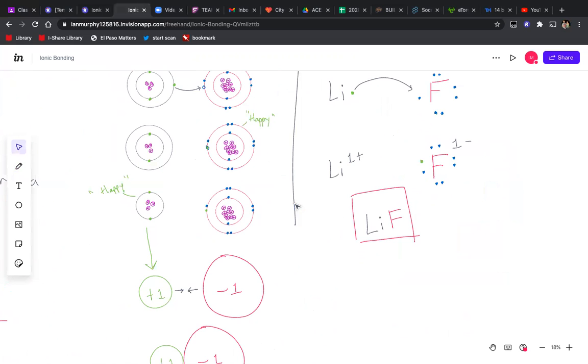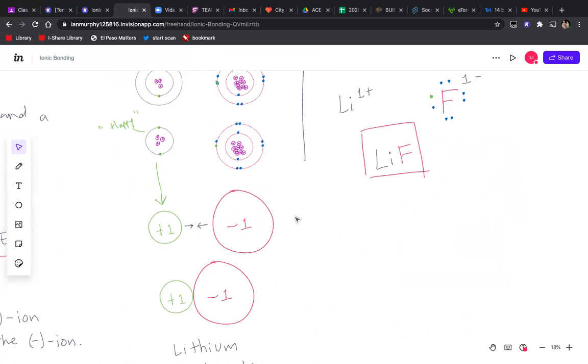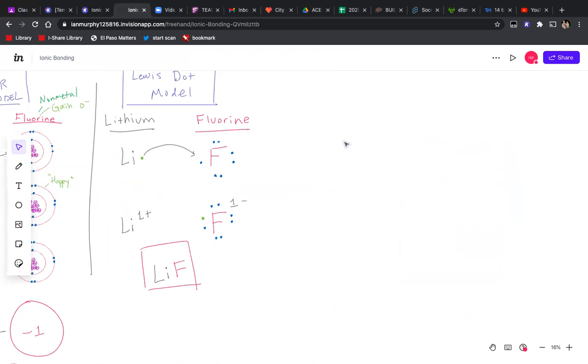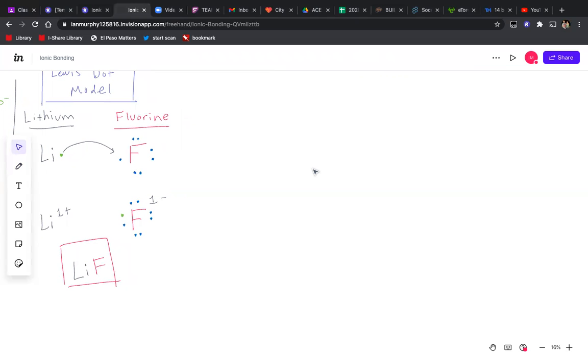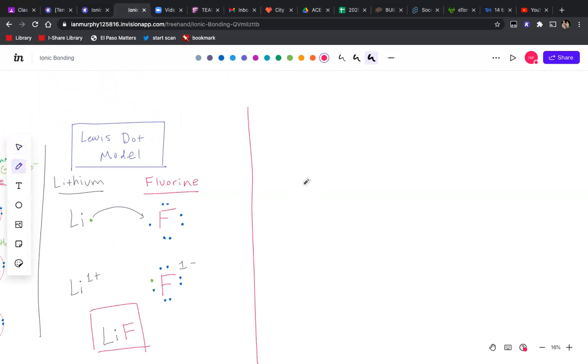Now, this next part I didn't actually include, so I'm just going to do it on the spot, so it might be a little bit slower and not as smooth as these other parts over here. Let's say that we're trying to put together magnesium and fluorine. So I'm going to draw another line right here.